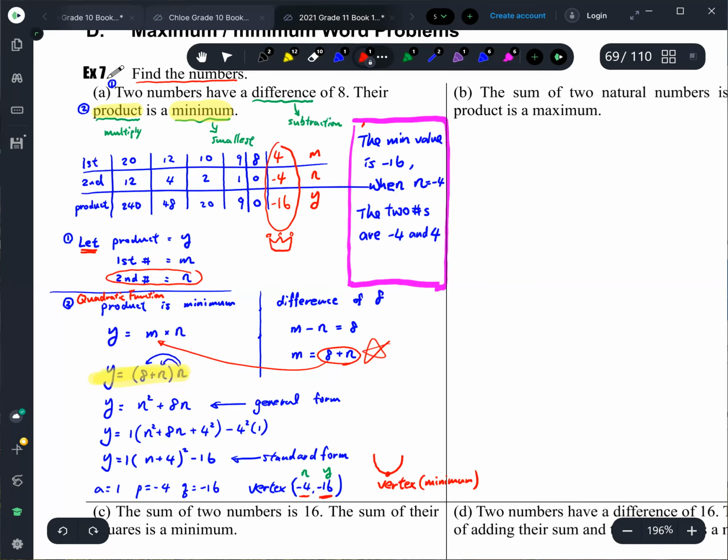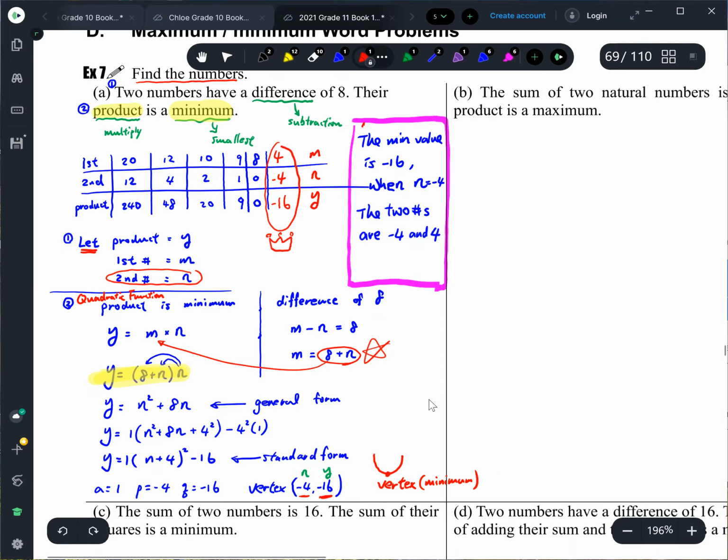Okay, do we have any questions? If we do guess and check, we probably will miss using the negative sign to try. Any question on this one? How we get the answer? Usually we just stop at the vertex and then do the graph, but then we need to connect our vertex to the problem.